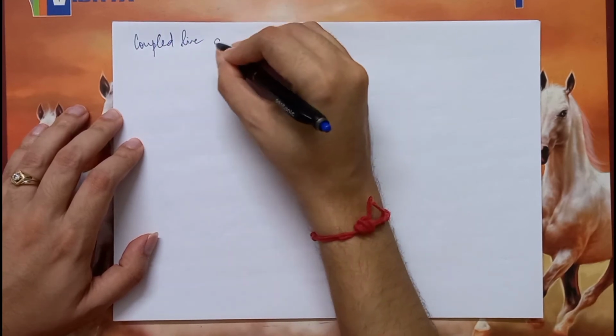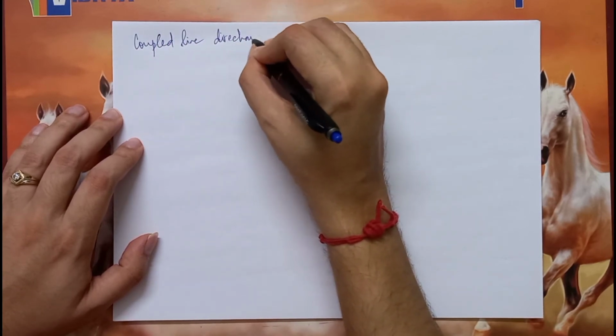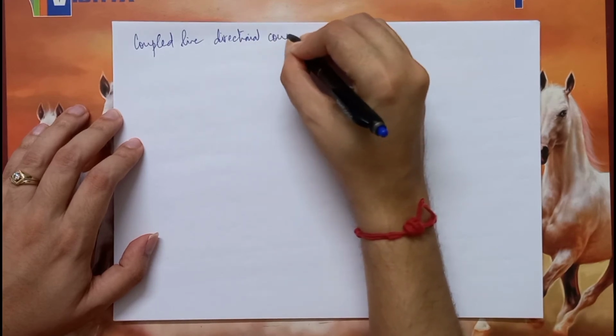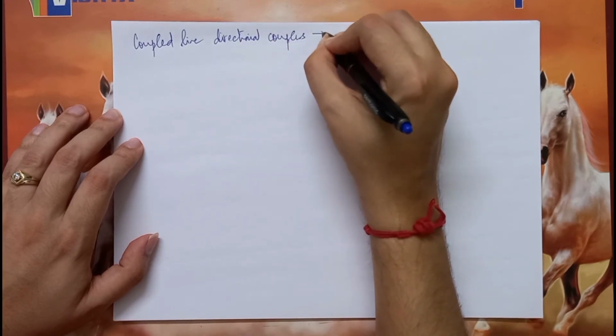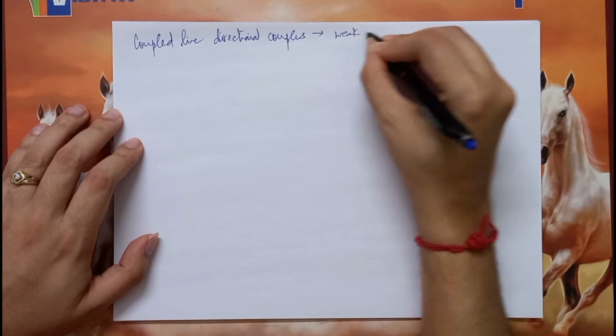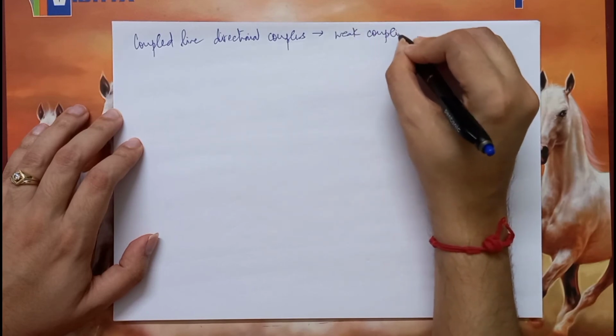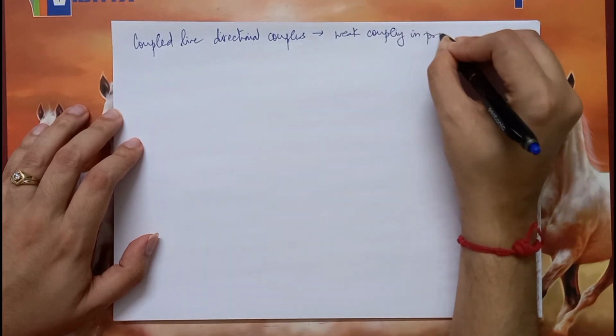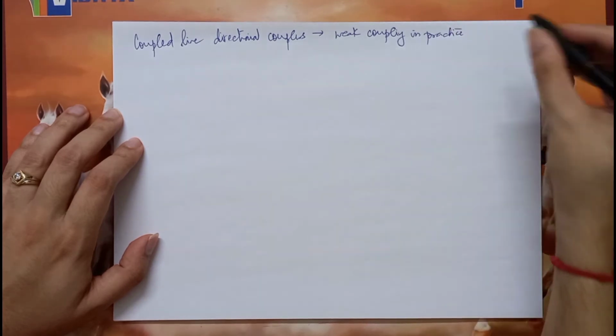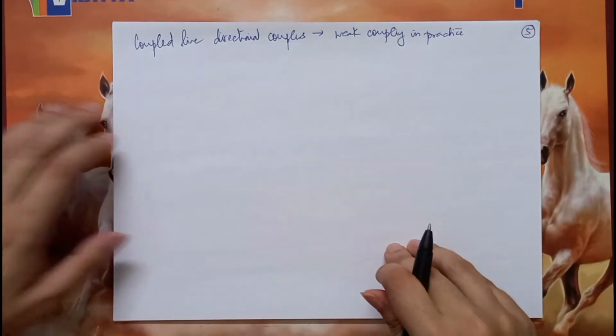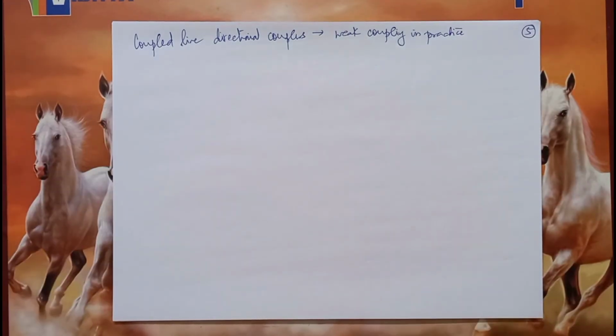So coupled line directional couplers, in practice, their coupling levels are rather weak. So with some difficulty you can achieve minus 10 dB, but anything above that is difficult.